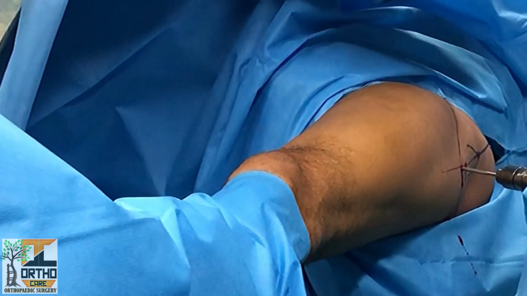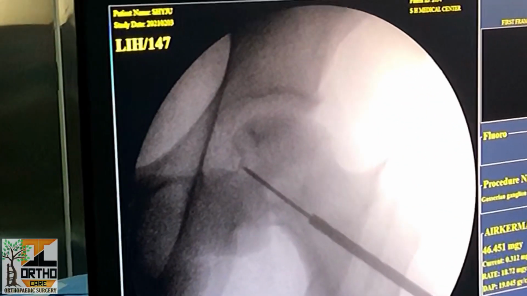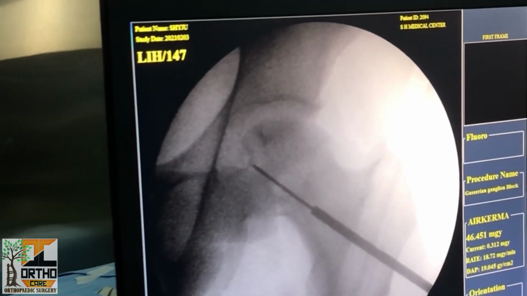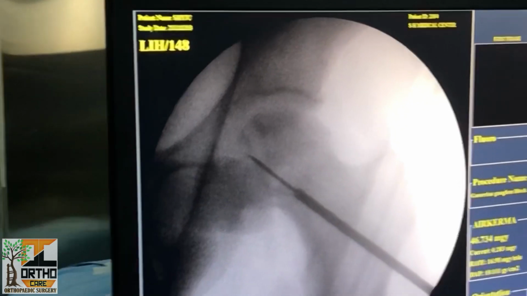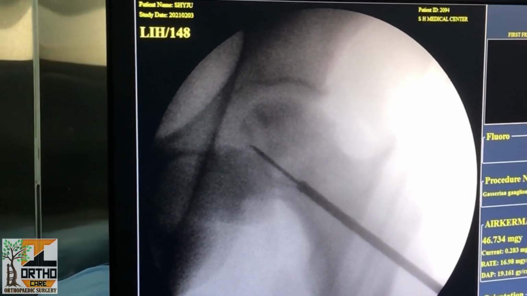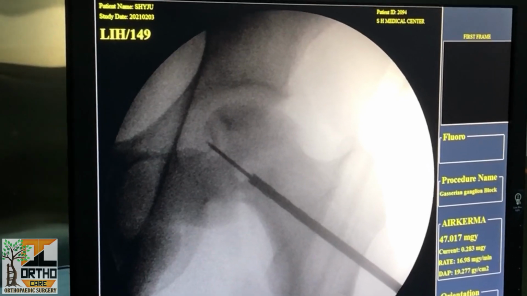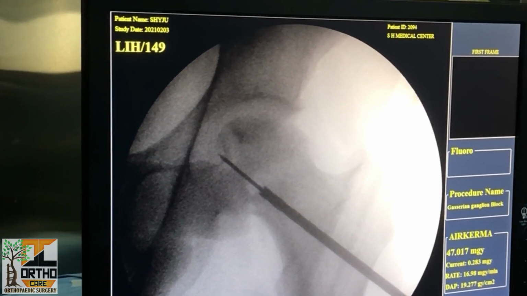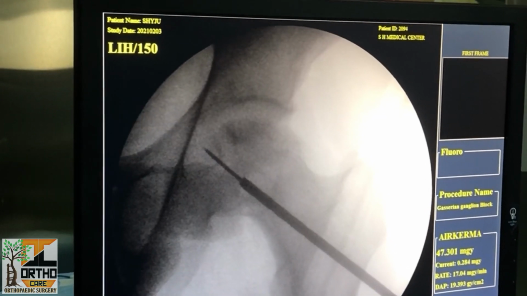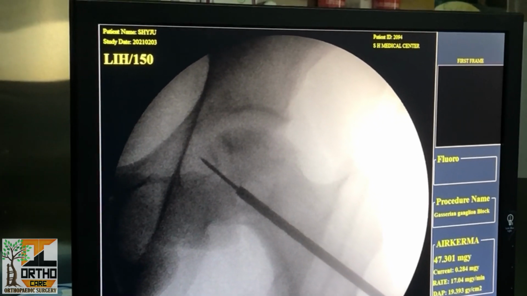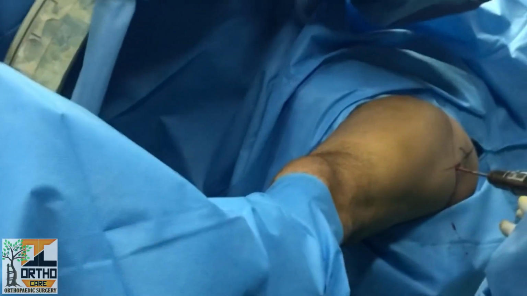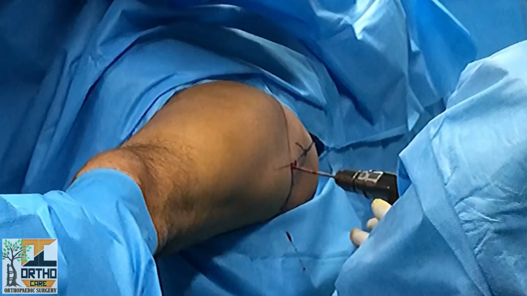Proceed till subchondral region in the AP view. Now there is no need to go for lateral view, because you have already put the guide wire under both AP and lateral view. Now you can see it is breaching the second cyst, but the guide wire is proceeding forwards. How much you can go if it is proceeding? You can breach first table of acetabulum, not the second table.